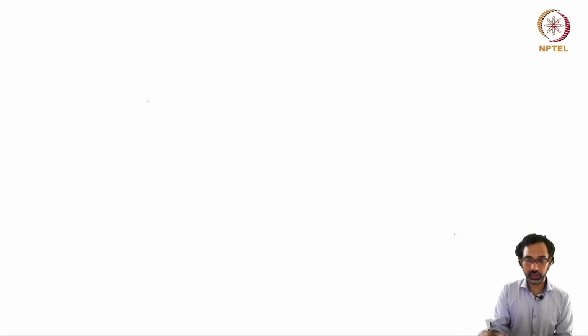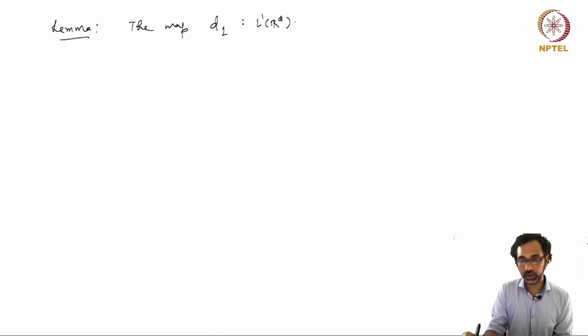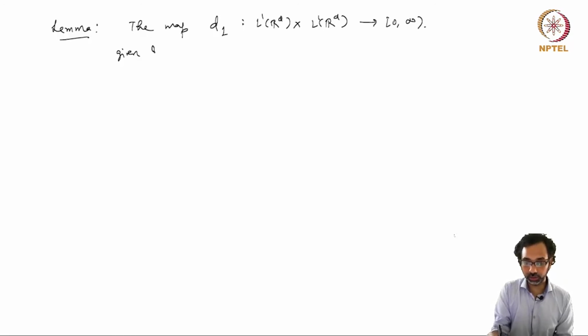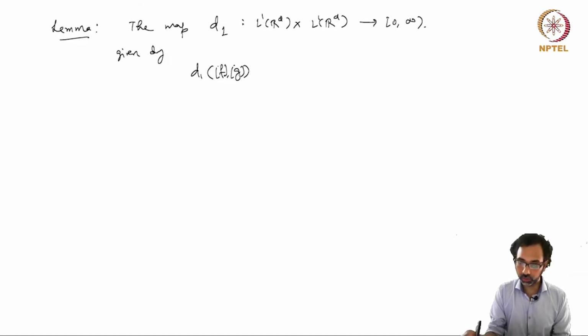Now with this new space, we have the following lemma, that the map D1 from L1 R^d cross L1 R^d to [0, infinity), given by D1 of f comma g, actually these are equivalence classes, but it's not going to make any difference, is simply the L1 norm of the difference of f and g.